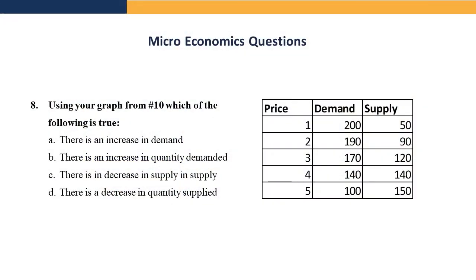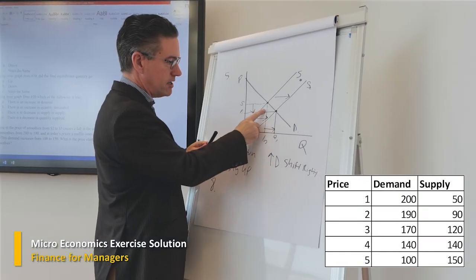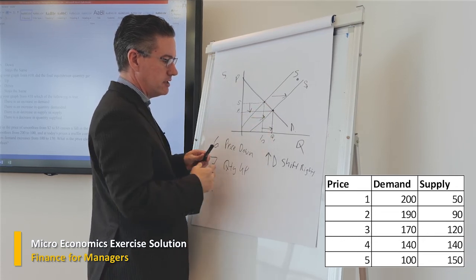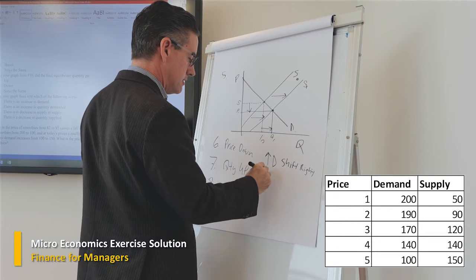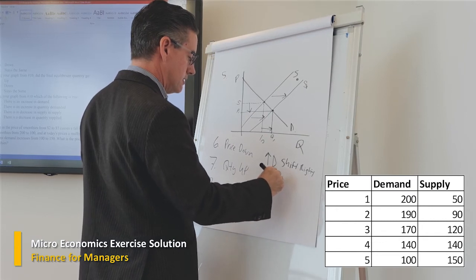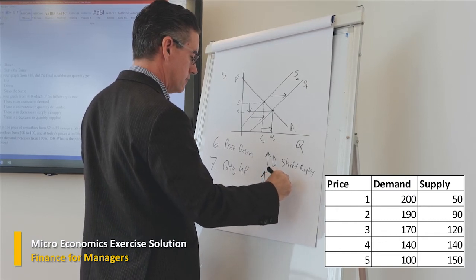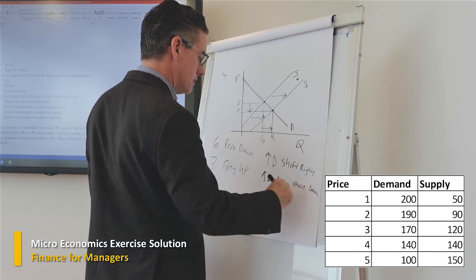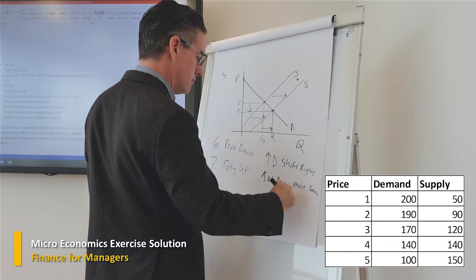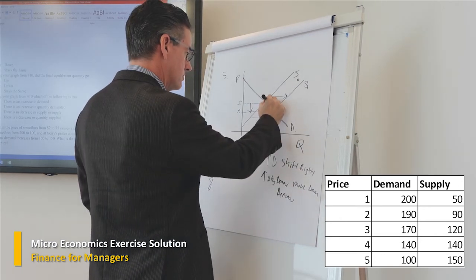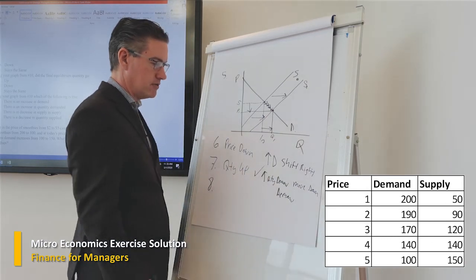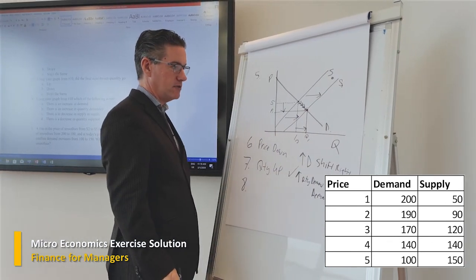There's an increase in quantity demanded. This means that when the price fell, we moved along the curve from here to here. This is a movement down the demand curve, which is what we did. So this one is a yes.